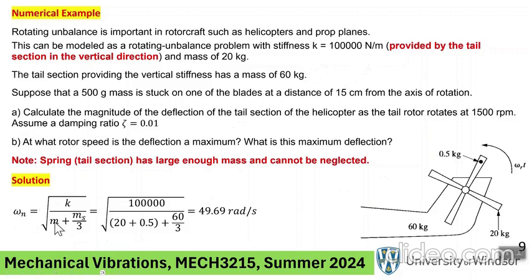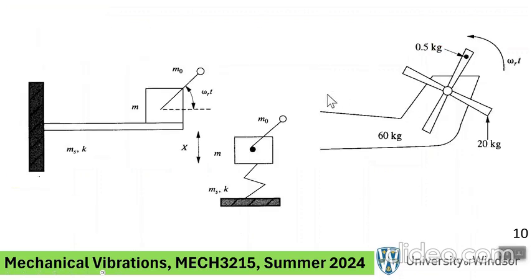And there is the mass of the propeller plus the unbalanced mass, the thing that's stuck on it, plus 1/3 of the 60 kilogram, and you come out to be 49.69. This is your omega n. Now, the omega r, in other words, how fast this is turning, is given in terms of RPM, so it has to be corrected.